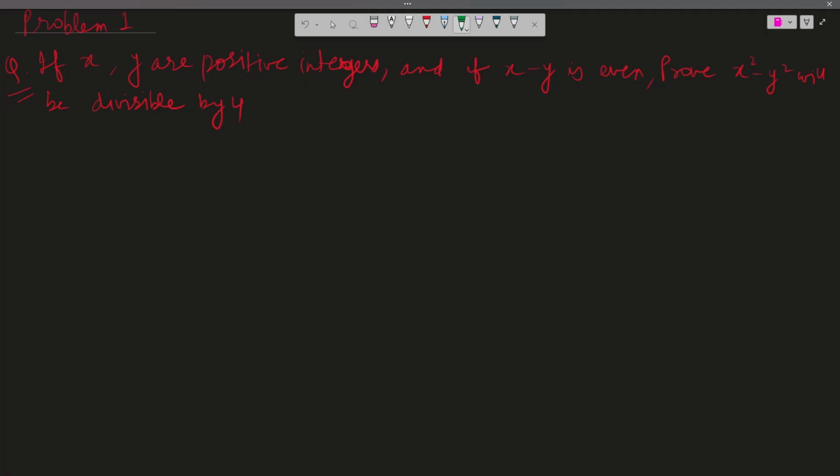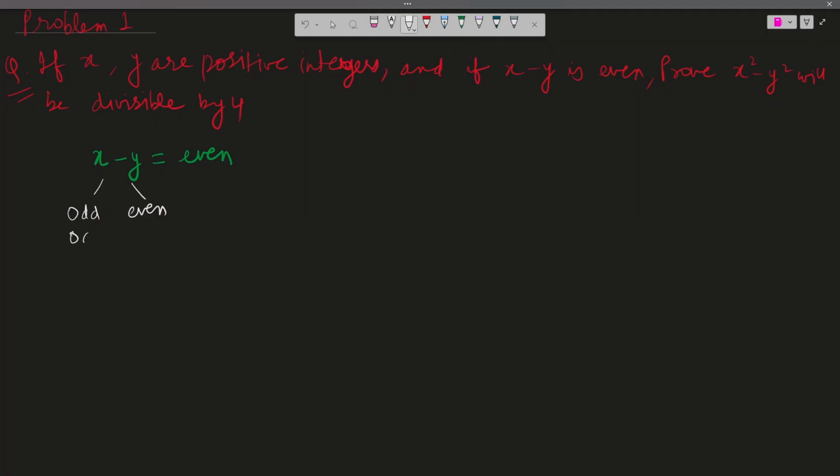Now, when x minus y is an even number, we first need to understand what x and y could be. Are x and y odd or even numbers? What is the possible relation?